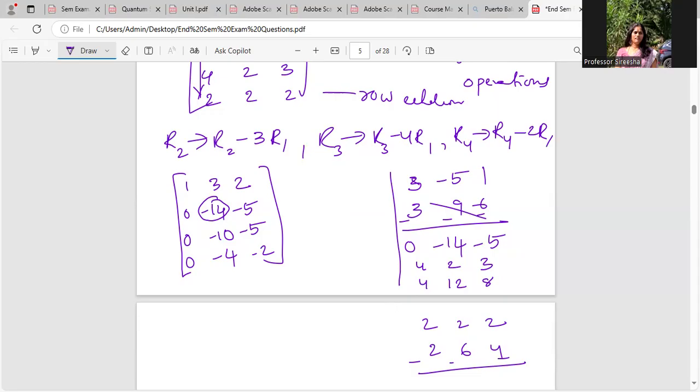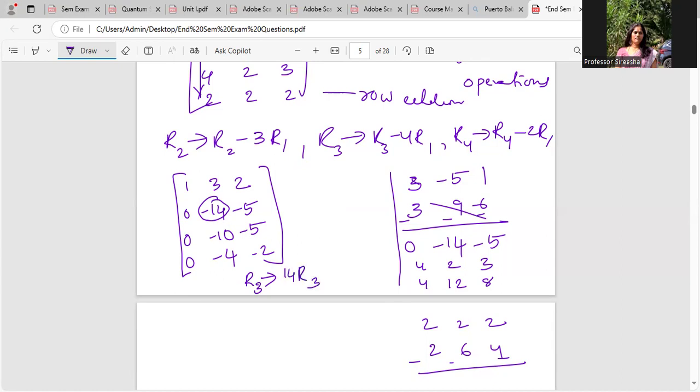I'll be getting 140 and then subtracting. Or I can divide each row, but that's fine. I suggest directly going with R3. I should get a 0 in R3. R3 would be 14 R3.